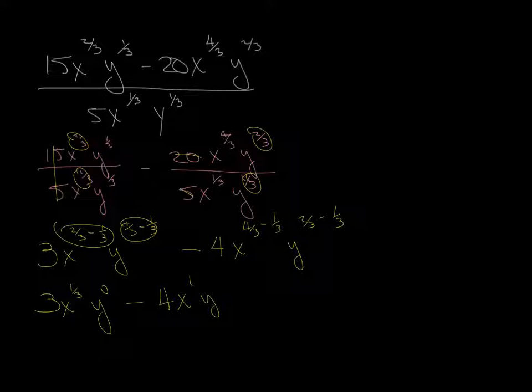And then y is 2/3 minus 1/3, which is going to be 1/3. Alright, let's clean it up a little bit. Y to the 0 power, anything to the 0 power is 1, so we can just make that go away. And we can make that go away because that isn't necessary to put up there. And we end up with 3x to the 1/3 minus 4xy to the 1/3.